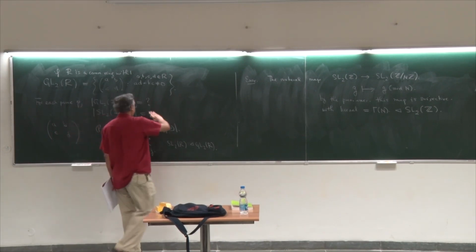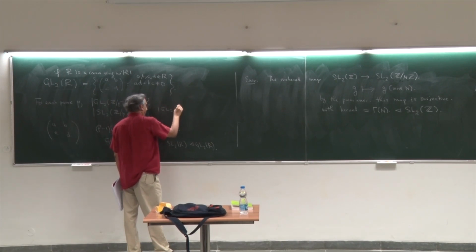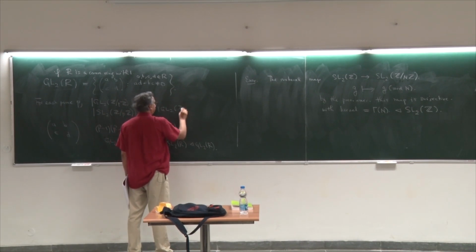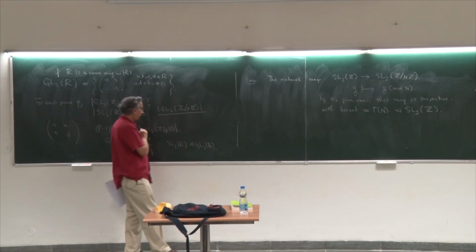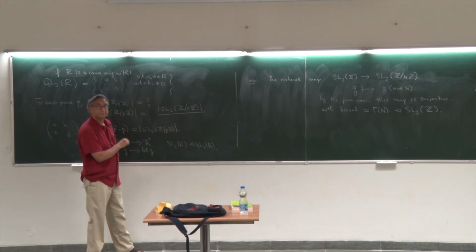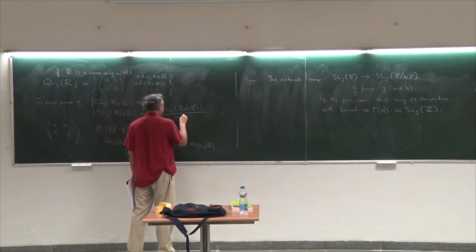So this means that the order of SL2 is equal to the order of GL2(Z mod pZ) divided by the order of (Z mod pZ)*, which is p minus 1.